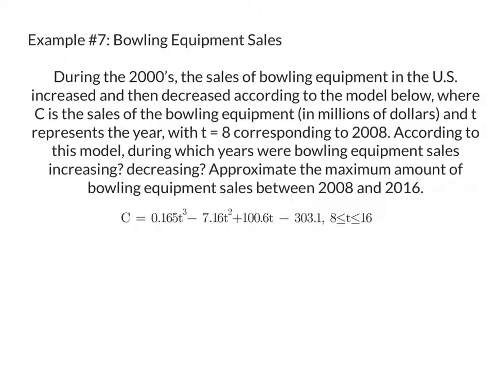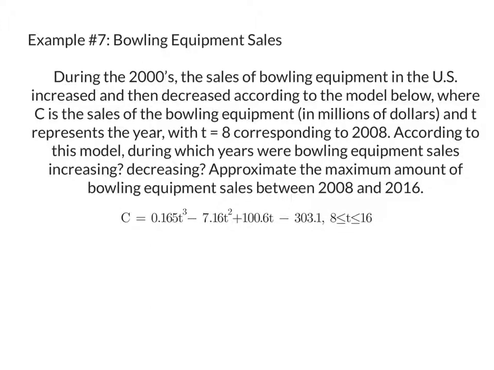Okay, so in order to do this problem effectively, you may need to use a graphing calculator. Desmos.com is also kind of effective, but to get the true sense of the problem, you'll want a graphing calculator. So we're going to go ahead and type in this function. Go to your y equals on your calculator and type in 0.165 t cubed.